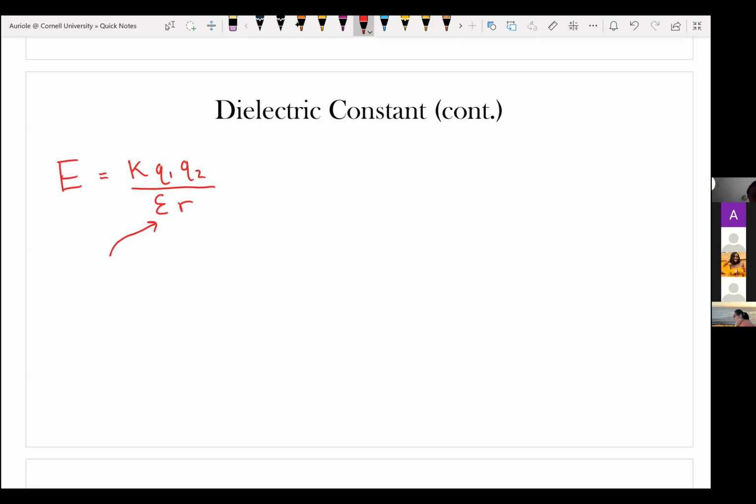So this is the dielectric constant. Let's imagine we have two charged particles, thinking back to physics. Let's say this one is negatively charged and this one is positively charged, and the distance between these two particles is going to be r. And so the dielectric constant is just a measure of how well we're separating those charges.